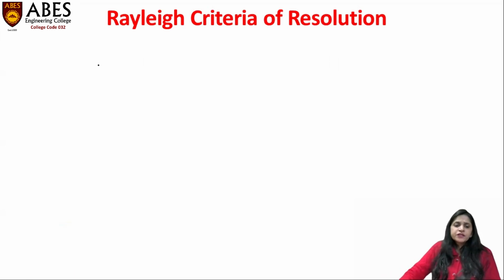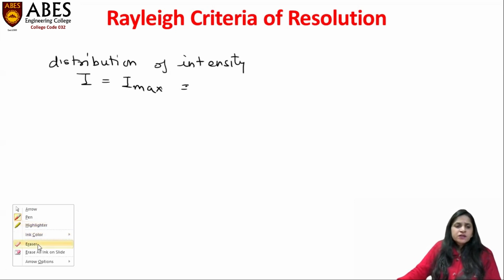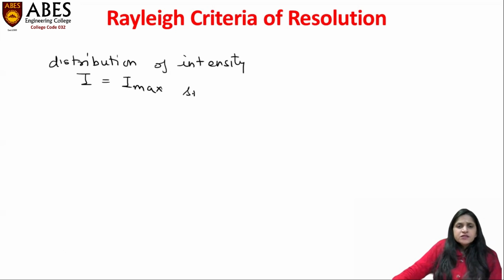The distribution of intensity in a grating can be given by I is equal to I max, that is I max into sine square x upon x square.